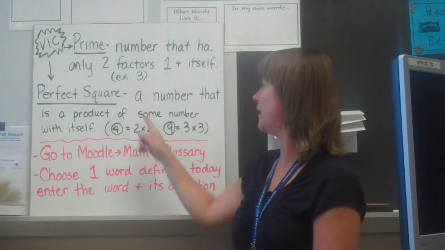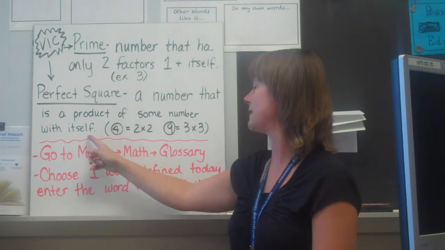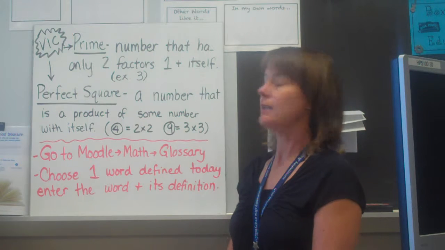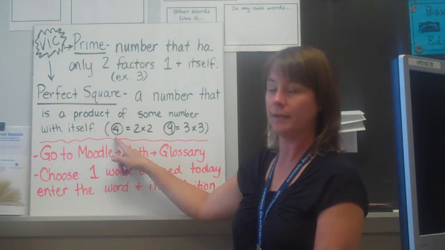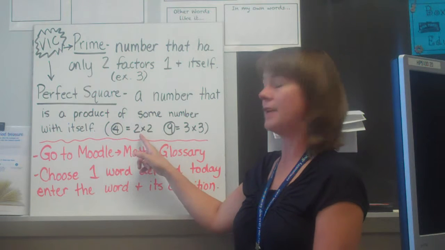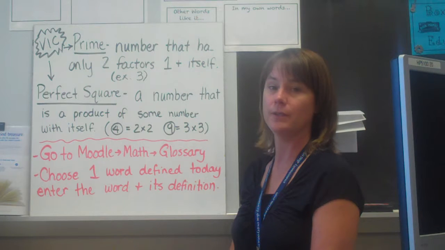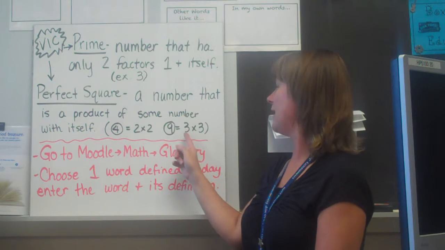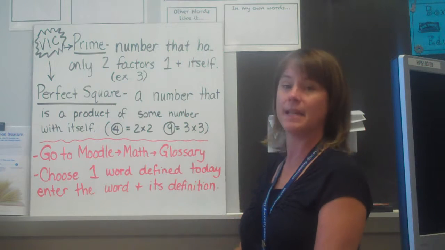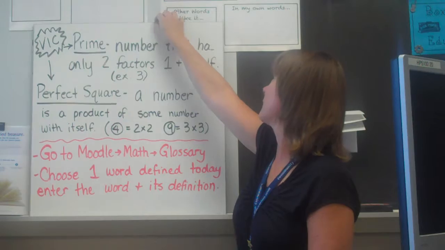A perfect square is a number that is a product of some number with itself. So a perfect square, for example, is the number 4, because the numbers that you multiply together are 2 times 2. Another perfect square is 9, because it has 2 numbers that are the same that are multiplied together, 3 times 3.